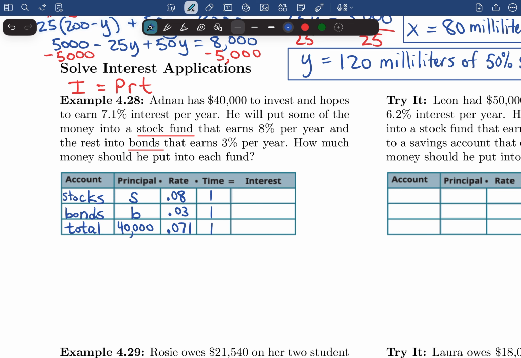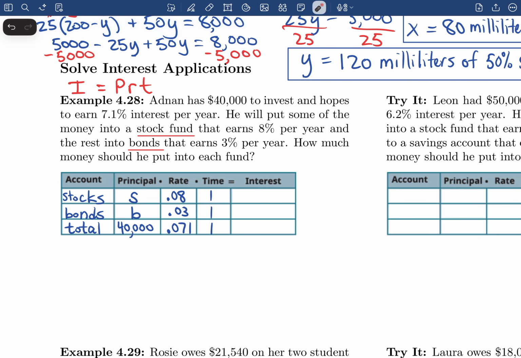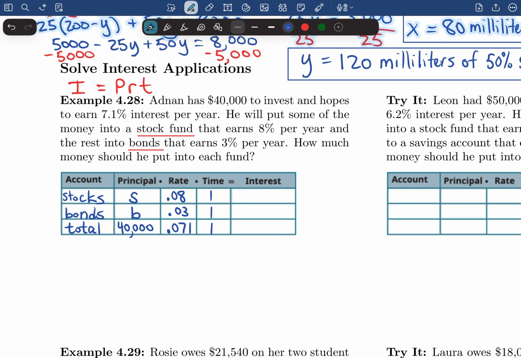Nice and easy. So now I'm going to multiply S times 0.08 times 1 and write the interest expression right here. So that just is 0.08 times S. Okay.